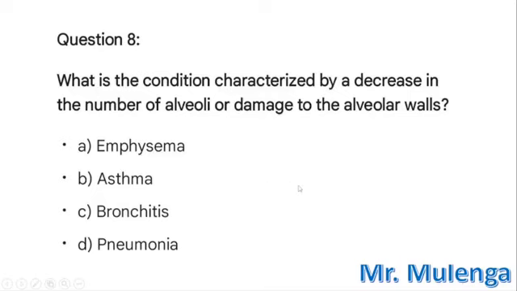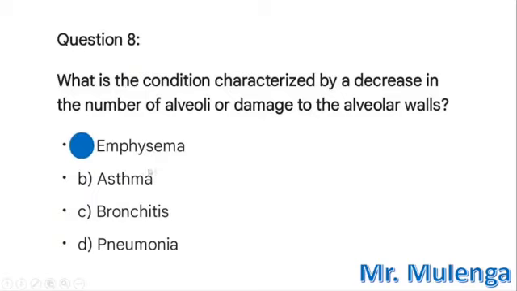Just like I've said, the alveoli are tiny air sacs in the lungs that are responsible for oxygen and carbon dioxide exchange. Once these alveoli are destroyed, it makes it very difficult for the lungs to efficiently take in oxygen and expel carbon dioxide. So the correct answer here is emphysema, which is A.